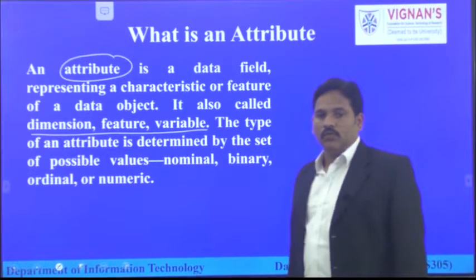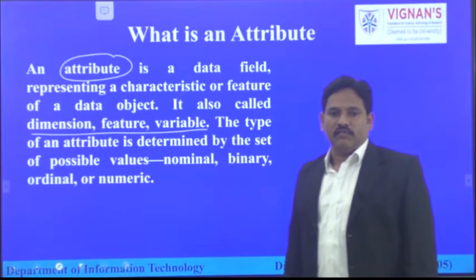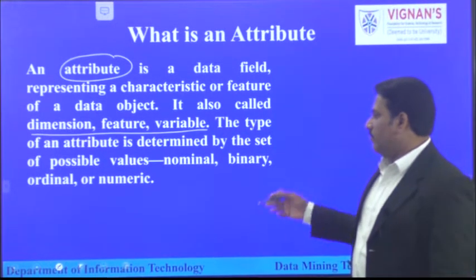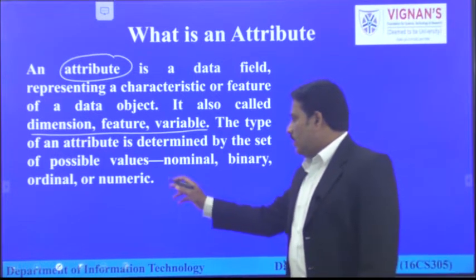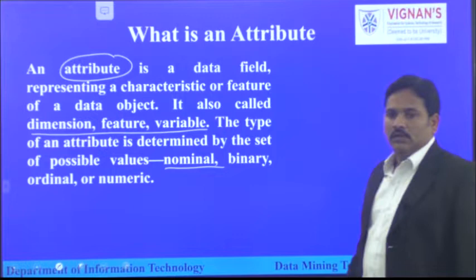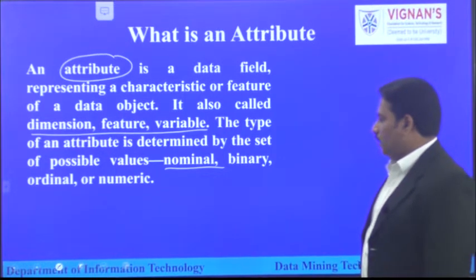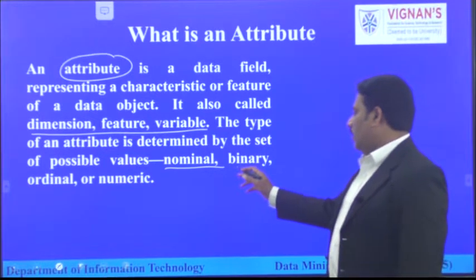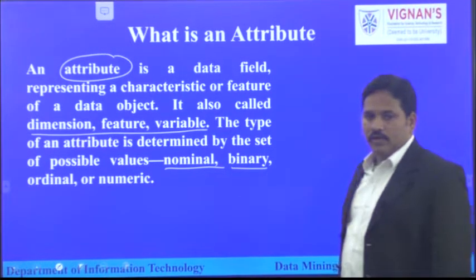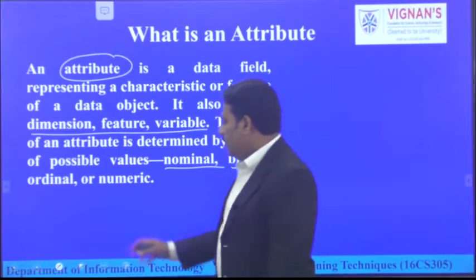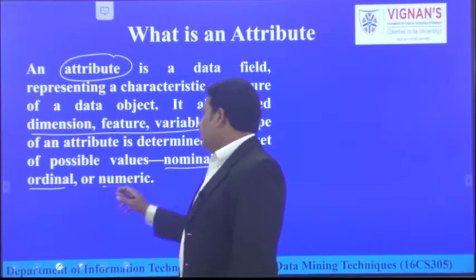Now, what are the different types of attributes which are available to represent the data? That is going to be covered here. We have the following four basic possible types of attributes. An attribute can store a nominal value, a binary value, an ordinal value or a numeric value.